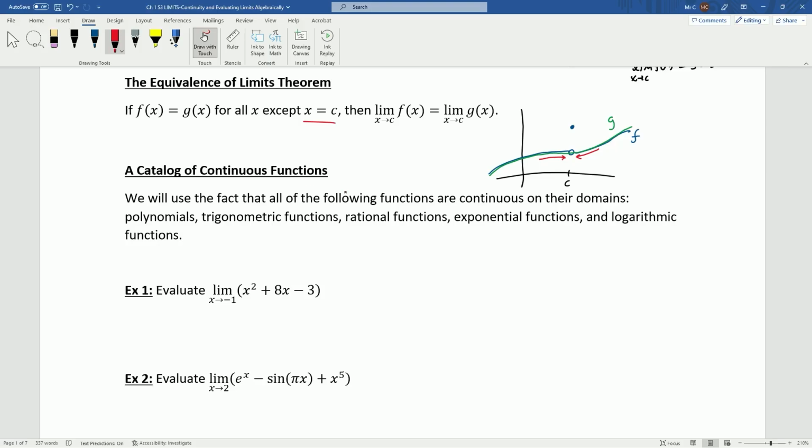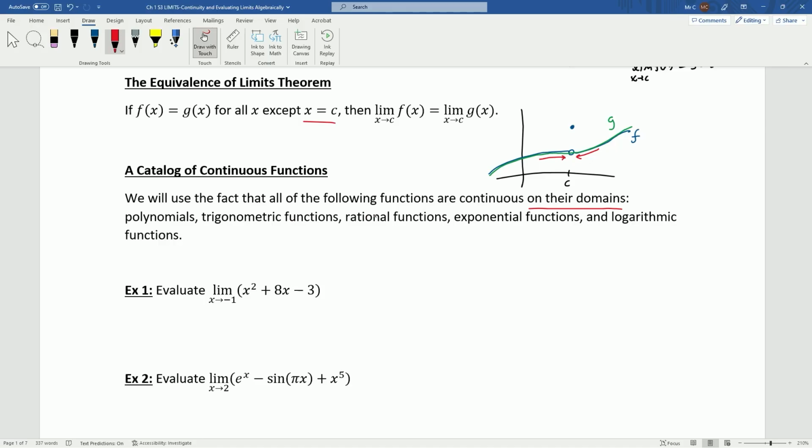So we know that all of the following functions are continuous on their domains: polynomials, trigonometric functions, rational functions, exponential functions, and logarithmic functions. Now I want to be clear here. On their domains is the important part. All of these functions are continuous wherever they are defined. Not all trigonometric functions are defined everywhere. Tangent of x is undefined at pi over 2, for example, and many other places, right?